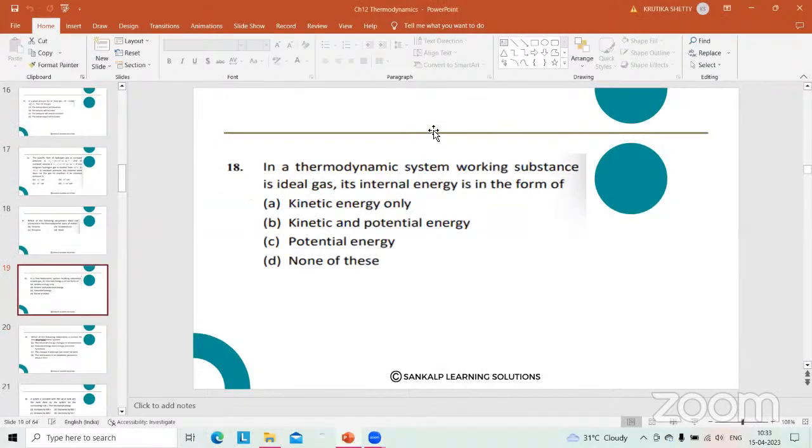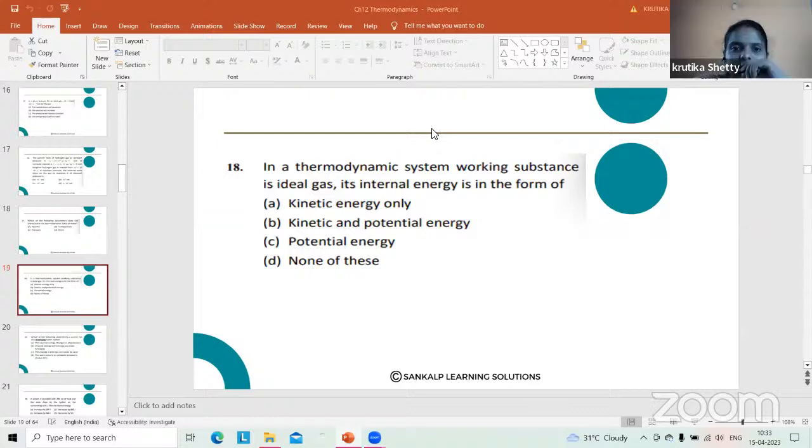Then the next question is: in a thermodynamic system, the working substance is an ideal gas.